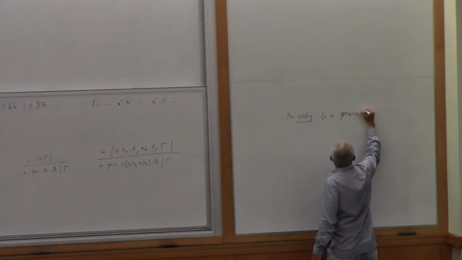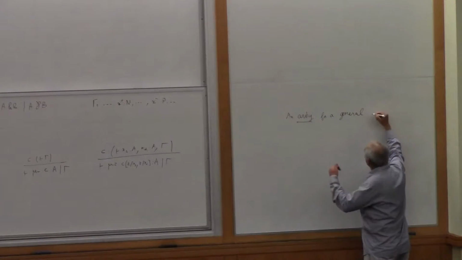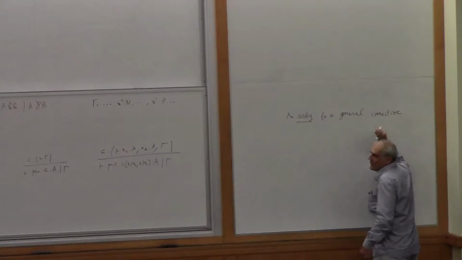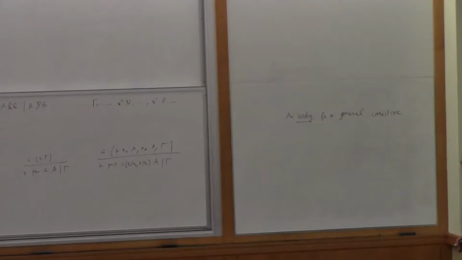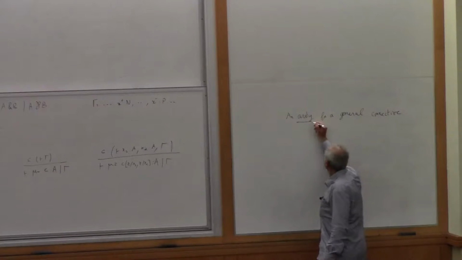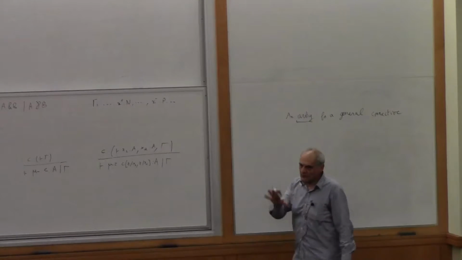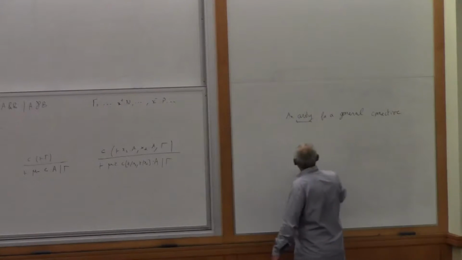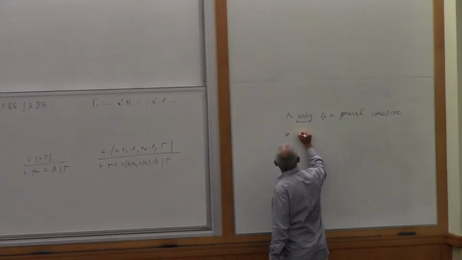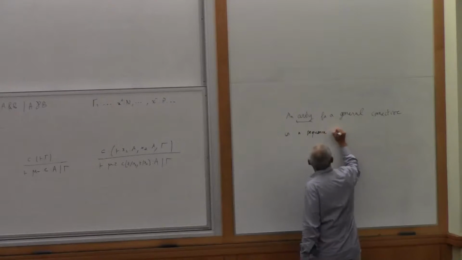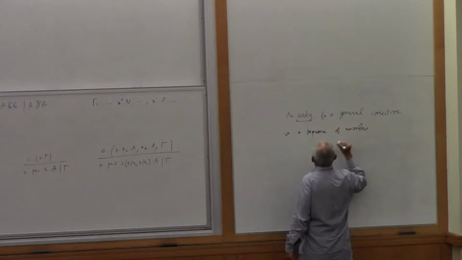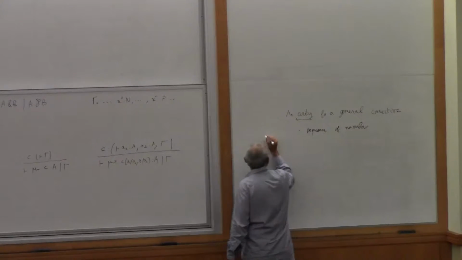And this is not the last word on it, it's just a first approximation of this idea. But in the time frame that I have, I will not develop this further, but there are more indications in the set of slides. So an arity for a general connective is a sequence of numbers. Of course, a finite sequence of numbers.